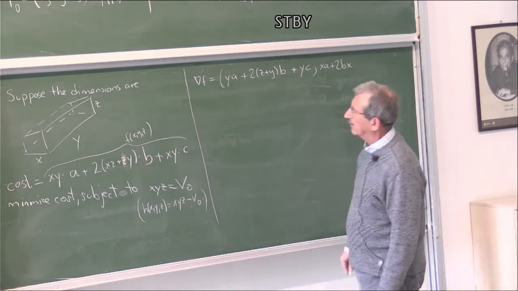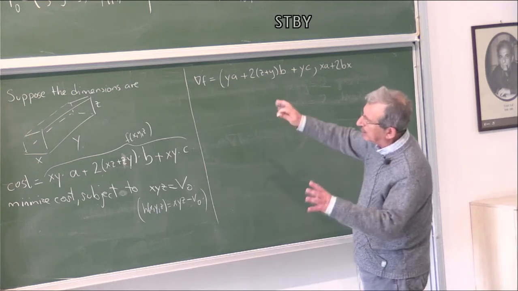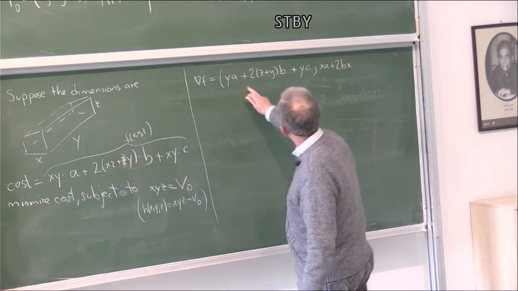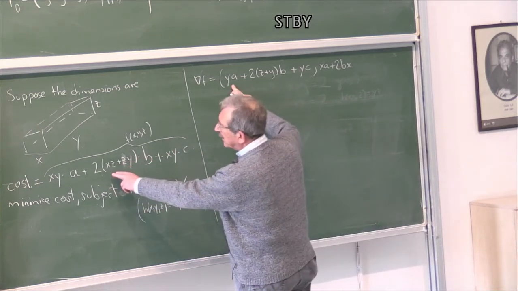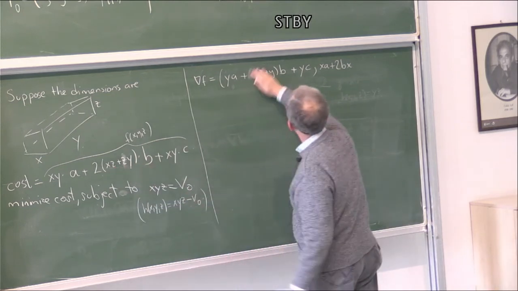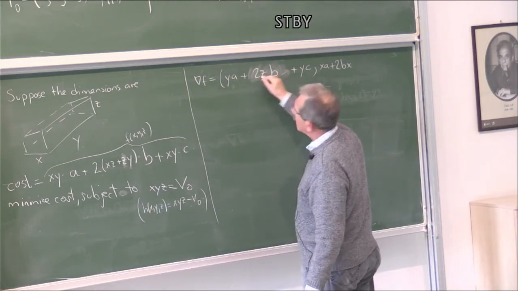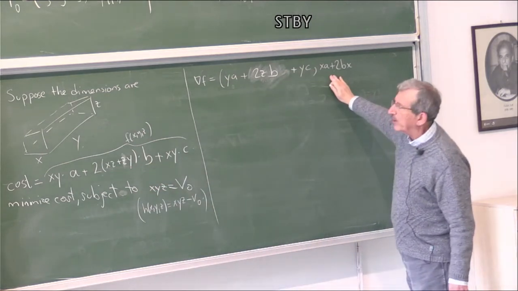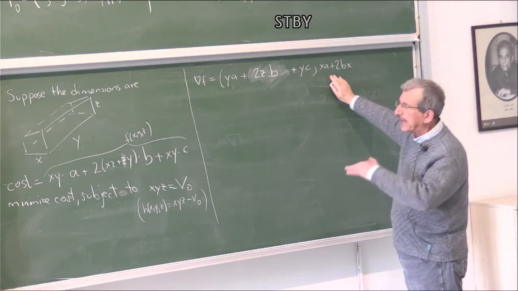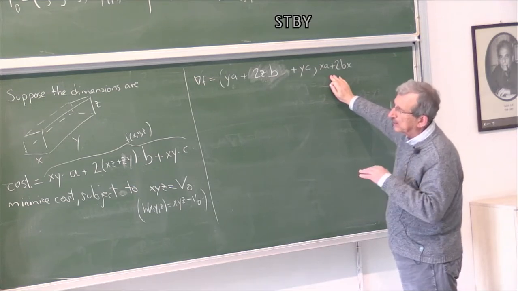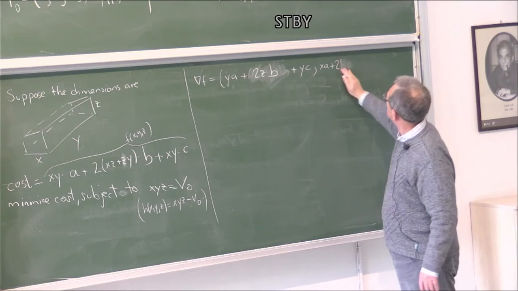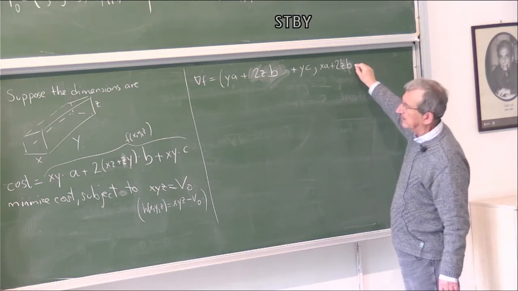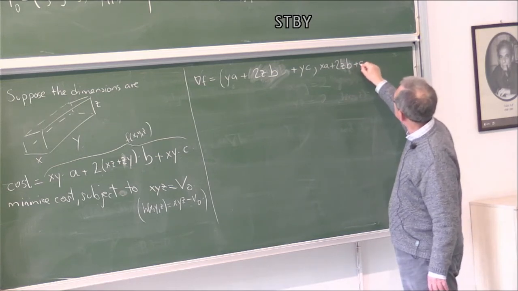Top and bottom are just xy's. So let me correct that. We have here ya, and here 2zb. So this is just 2zb with respect to x, and yc. Fine. Now with respect to y, we have xa times 2zb here, and the last one, cx.